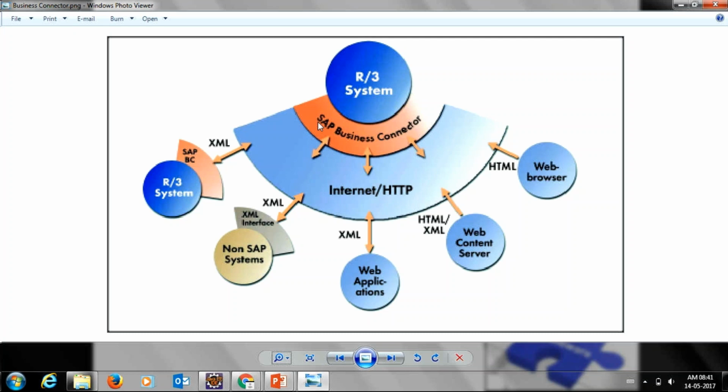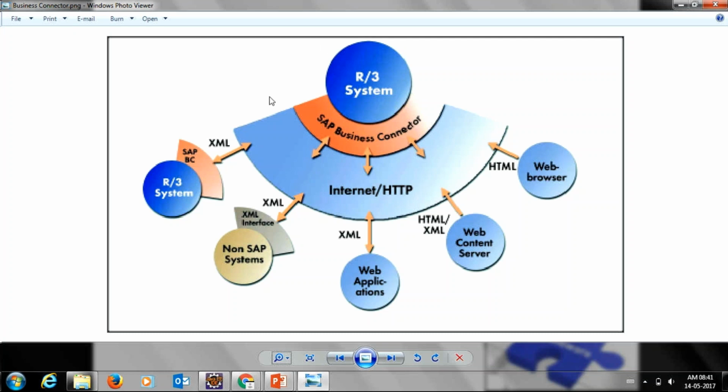And if you wanted to connect a non-SAP system, then again you needed a middleware. Web applications could be communicated with directly: web content, content server, web browser. Your internet can directly connect to those. But for the ECC, the R3 system or some ERP, you needed a middleware present in between.